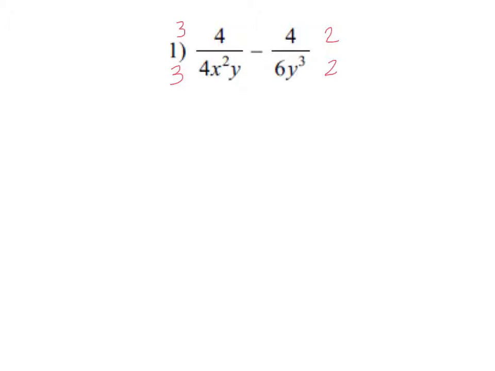And so when you look at this one on the left, it has an x squared. So if it has an x squared, then this over here is going to have to end up with an x squared also. So I need to take that also times an x squared. And then you have to look at the y's. This one has y to the first, but this one has a y to the third.